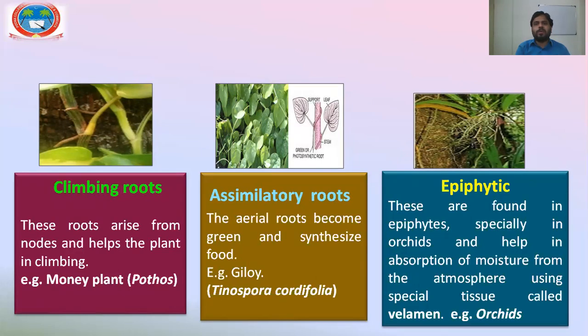Water is present in the form of vapor in the environment, and it gets absorbed by these filament cells and is provided to the growing plant. As I told you, these plants grow on other tree trunks, not on soil, so they require water, which is absorbed by these filaments and provided to the plant. Such type of root is called an epiphytic root.